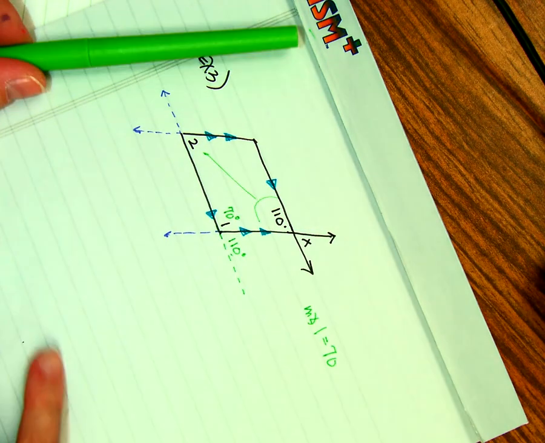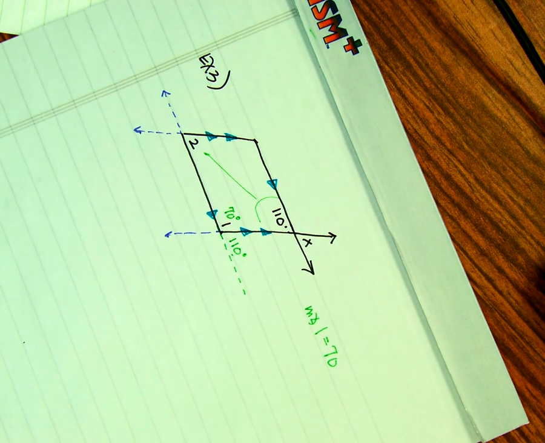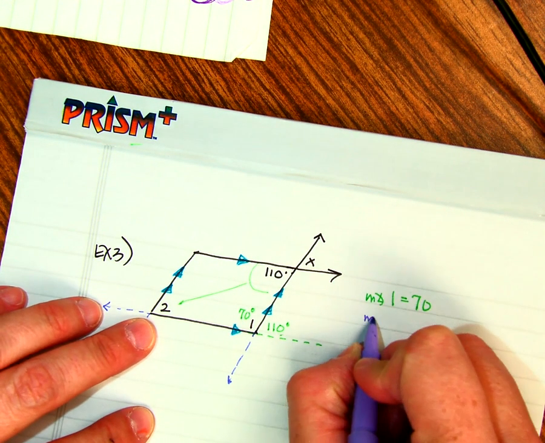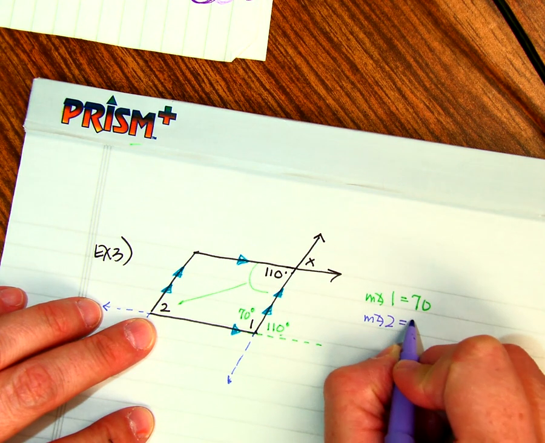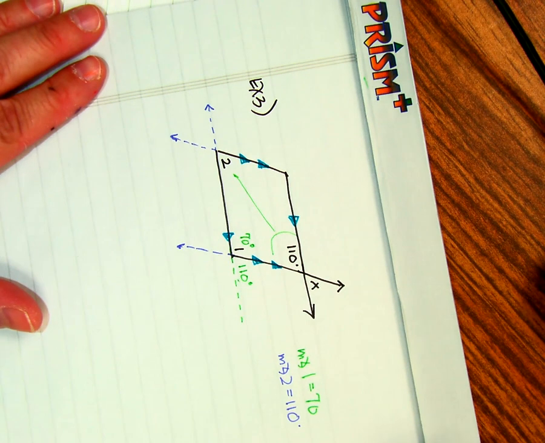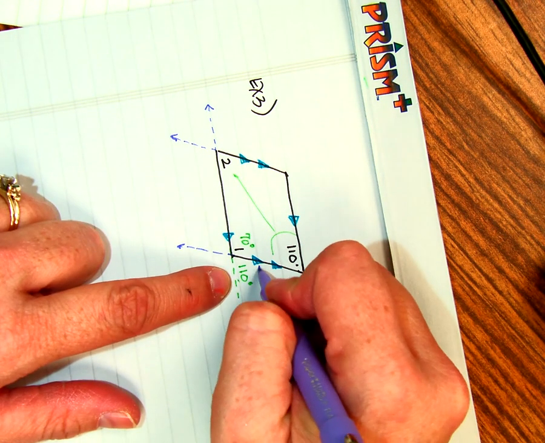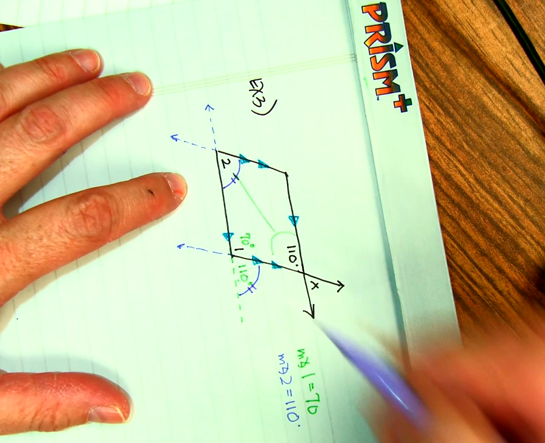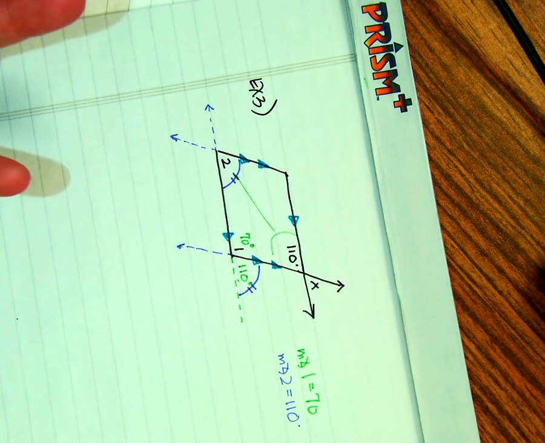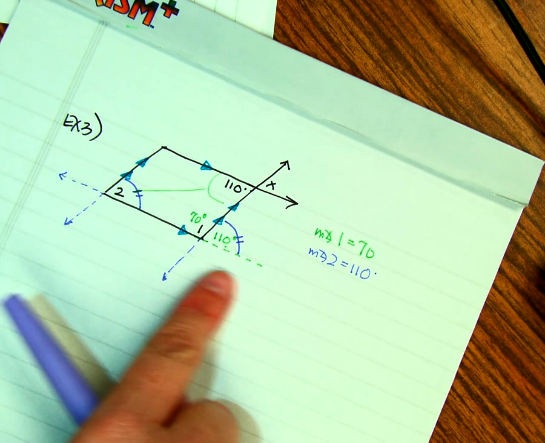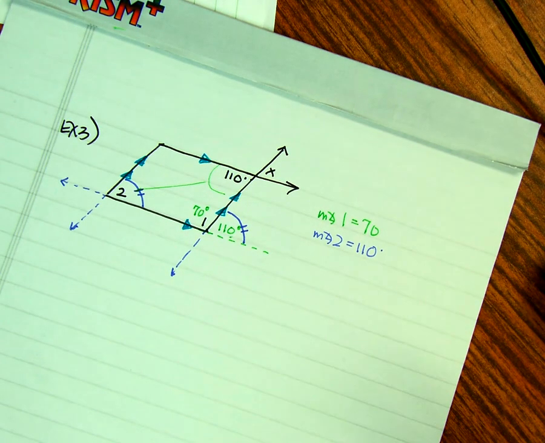Angle 1 and angle 2 have a relationship of same side interior again. So I know then that the measure of angle 2 has to equal 110. Another way of looking at this is that the angle I found out here and this one would be congruent because they are corresponding. There are all kinds of ways that you could look at this kind of diagram, but it is very helpful to extend these out and then to also turn your paper if you need to.